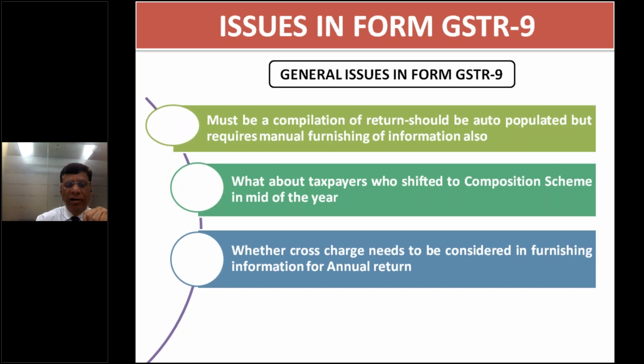Cross charge is a situation where either the income or the expenditure pertains to some other unit of the taxpayer. Certainly, I am of the opinion that cross charge is a significant levy in the hands of a GSTIN holder. So this cross charge is to be considered while furnishing the annual return. This we would be discussing in detail.